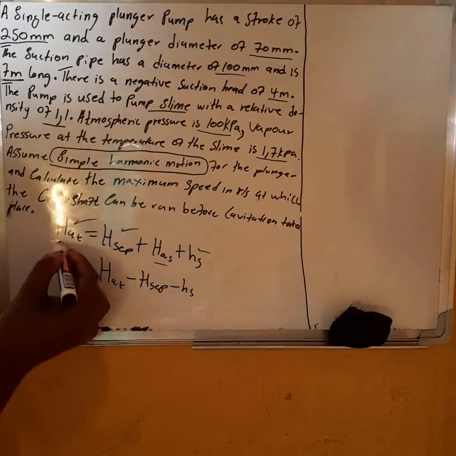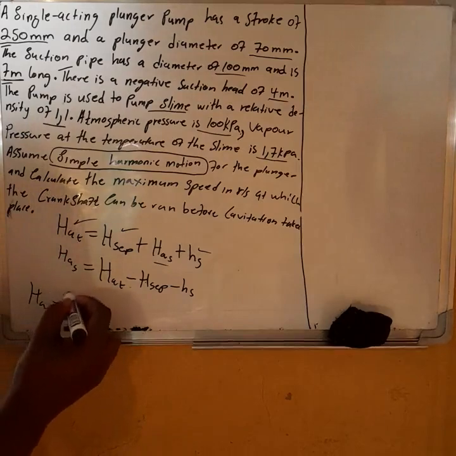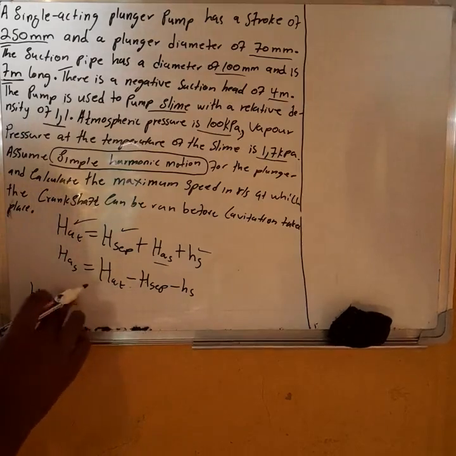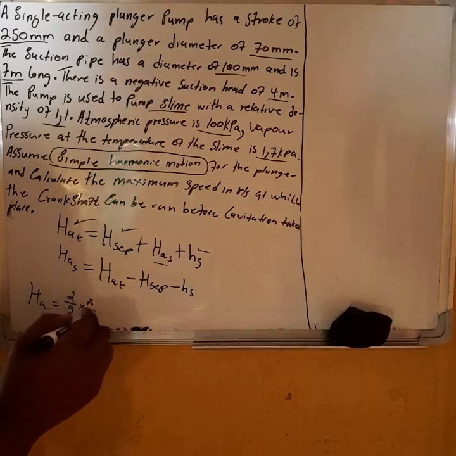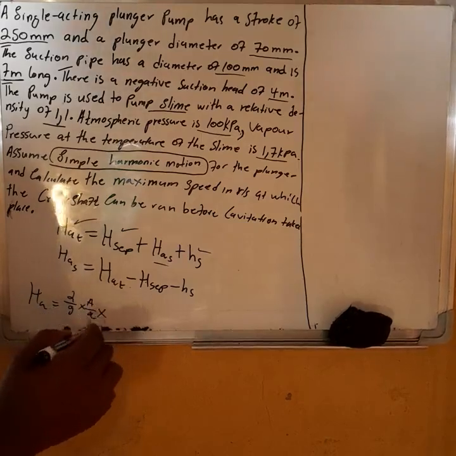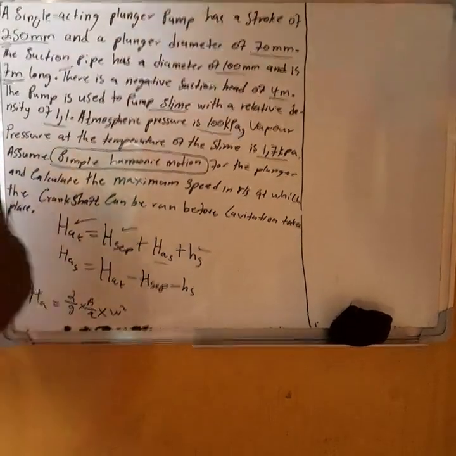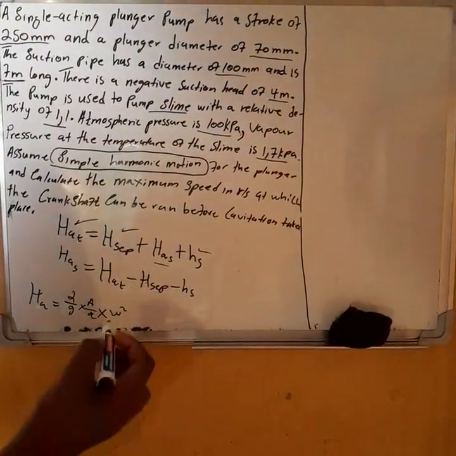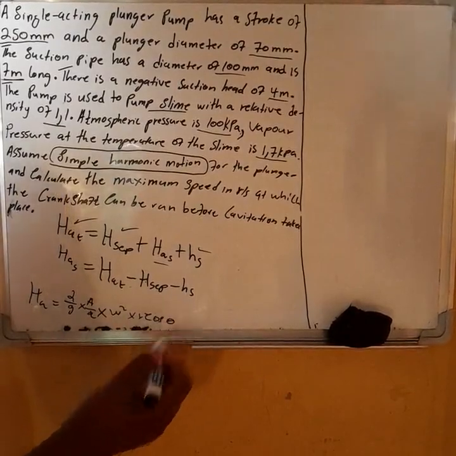We want this because we know H_A is the area ratio, the little length over gravity multiplied by the area ratio multiplied by the angular velocity. When we multiply by that angular velocity, we multiply by r cos theta.